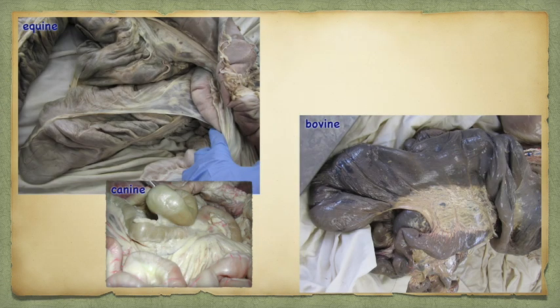We get down to the ileum, and we see that, especially in the horse and in the bovine, they have a very long fold in between the ileum and the cecum here, which we're going to call the ileocecal fold. That's going to help us define our limits of our ileum. Likewise, in the bovine, we see the cecum, the ileum and the ileocecal fold.